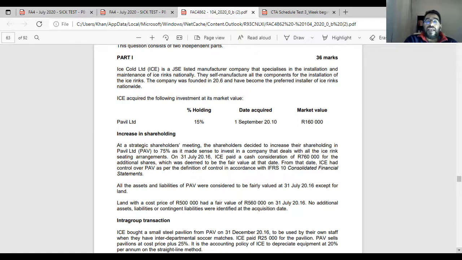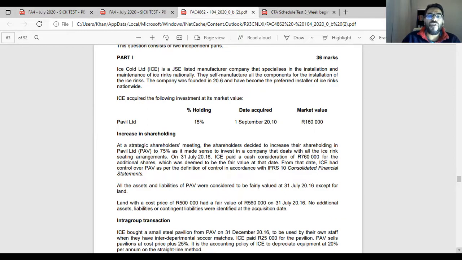Remember, a percentage does not necessarily mean that you don't or do have control. But in the absence of any information contrary to normal, you assume that whatever percentage you have dictates the nature of your investment. So remember, the general rule is if you have at least 20%, but less than 50%, then you have an associate.